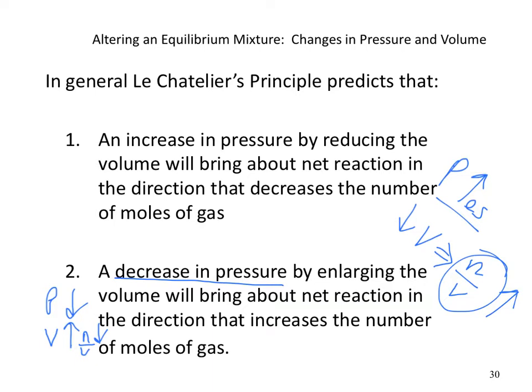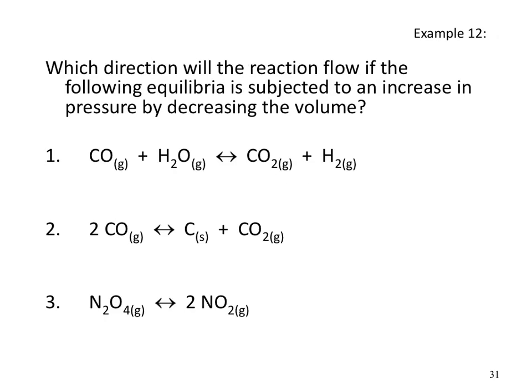So let's see if we can put things in perspective. Another problem. The question is, which direction will the equilibrium flow if the following equilibria is subjected to an increase in pressure by decreasing the volume? So we are decreasing the volume. Notice in this case, the first one, you have an equal number of moles on either side of the equation.